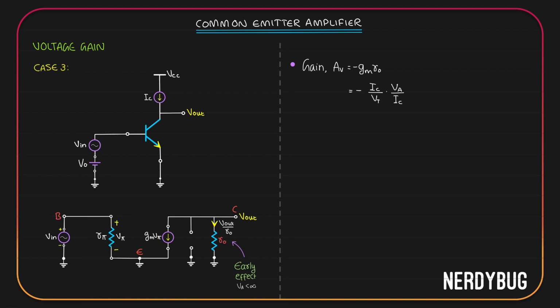IC and IC can be cancelled. We get Va divided by Vt. Va is the early voltage, Vt is the thermal voltage. Both Va and Vt are intrinsic properties of the transistor and the gain only depends on them. So we can call minus gm R naught the intrinsic gain of the transistor. Let us write this down.